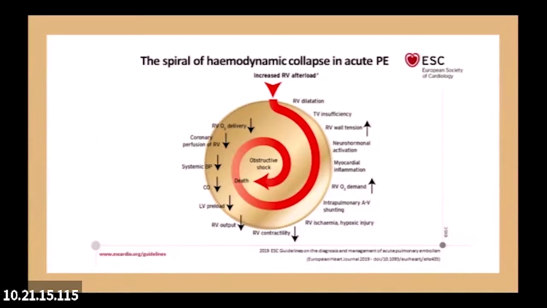That would eventually lead to RV ischemia and reduced RV contractility, reduced RV output. If the RV output is reduced, the LV output will be reduced. If LV output is reduced, then the coronary artery perfusion will also be reduced. Therefore, it can worsen the RV injury. So it will become a vicious cycle. Eventually, the patient dies.